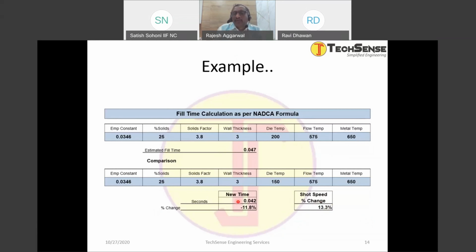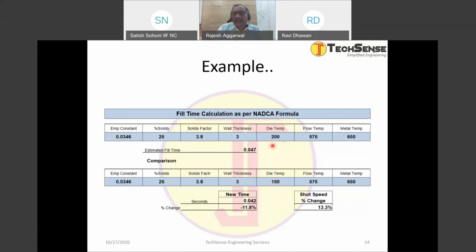What are we trying to do? With the reduced fill time, we are trying to compensate for some of the variables, either here or here or here, anywhere. We are trying to compensate for some non-standard variable or non-standard input. Correct?